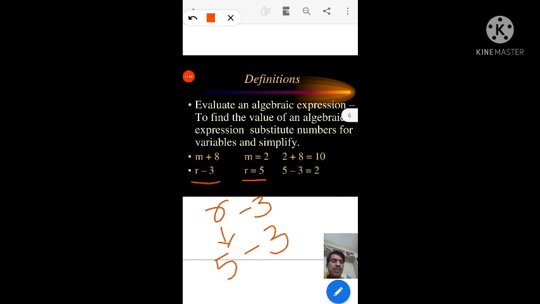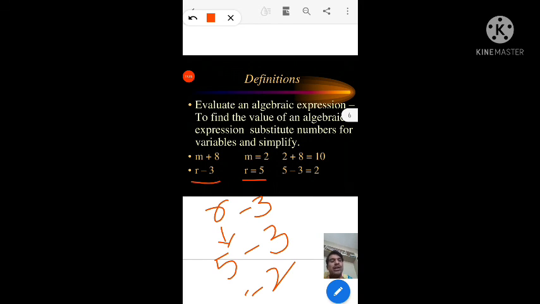So r minus 3 becomes 5 minus 3 after substituting r is equal to 5 in the given expression. And we know that 5 minus 3 is nothing but 2. Isn't it ma? So this is the evaluation of a given expression when a particular value is given to us.